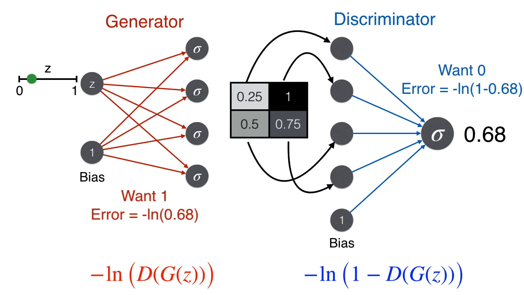The derivatives of these two are what will help us update the weights of both neural networks in order to improve that particular prediction. Notice that these two error functions fight against each other, but that is okay because the red error function only changes the generator weights and the blue error function only changes the discriminator weights. Therefore, they don't collide. They simply improve both neural networks as one to produce different outputs, which is fascinating.